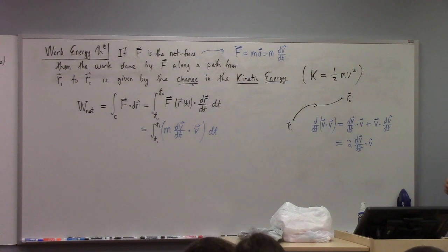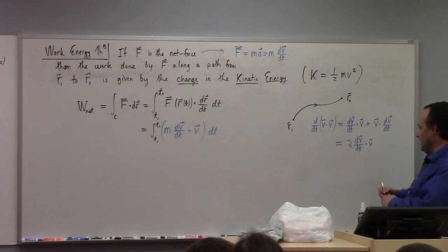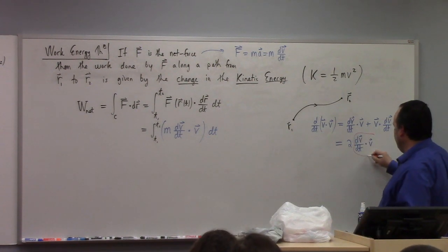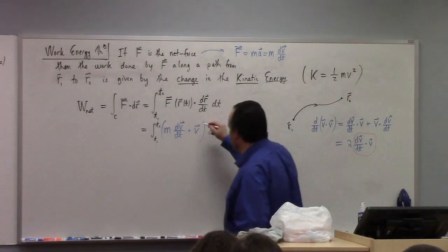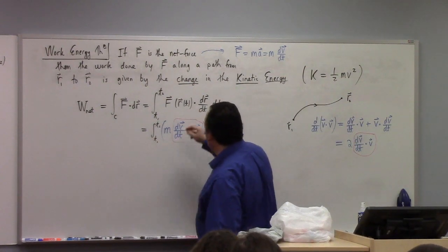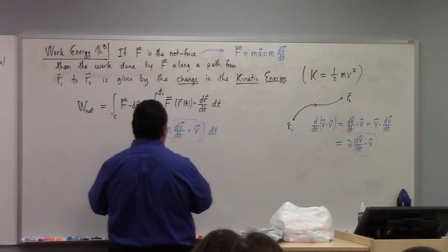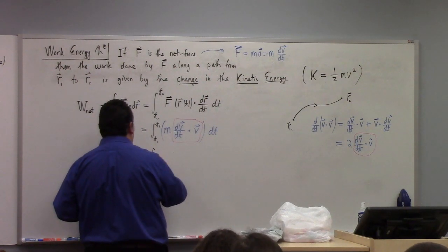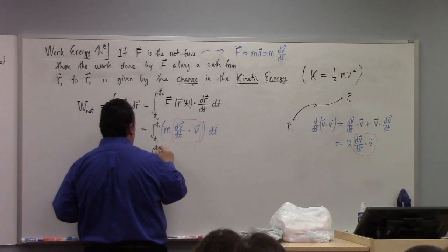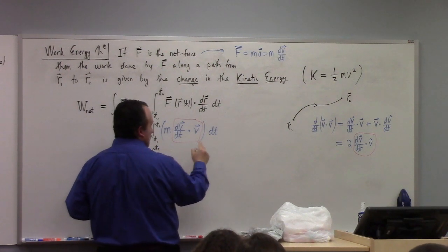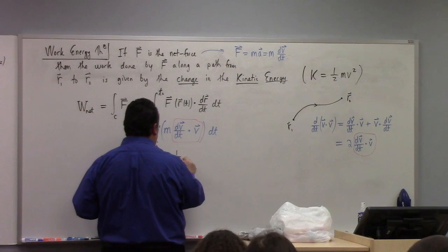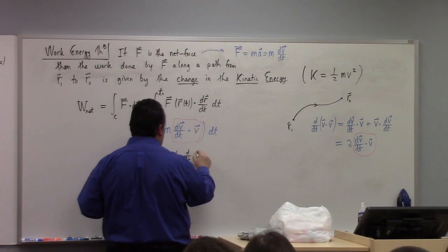So look what I have. I've got this right here. So what can I trade that for? Looks like 1/2 d/dt of v dot v. Do you guys see that?